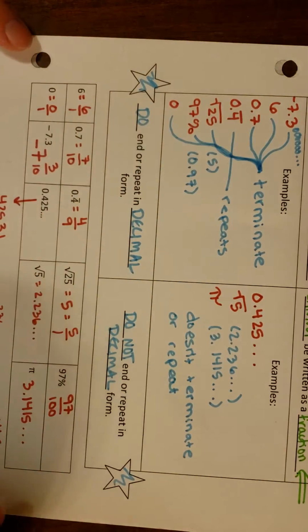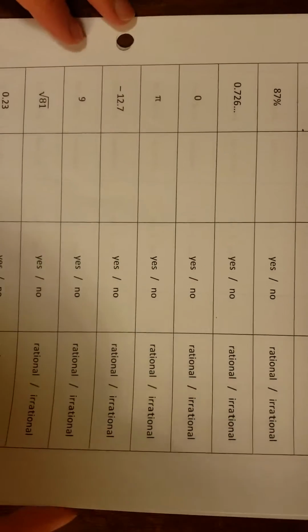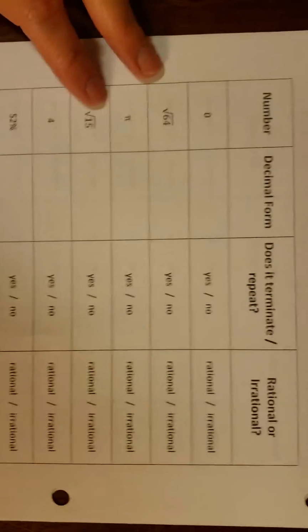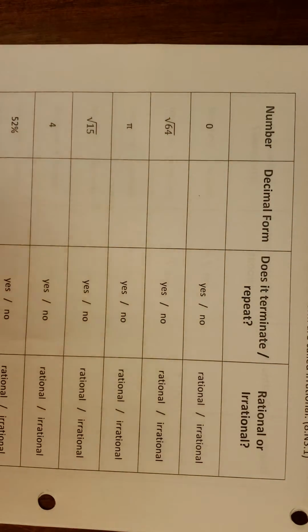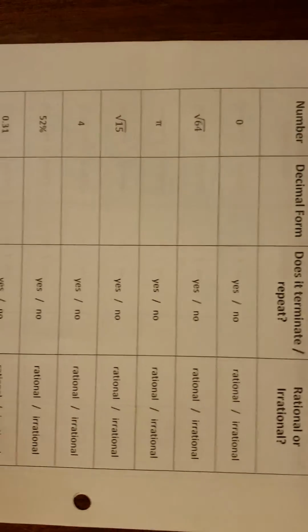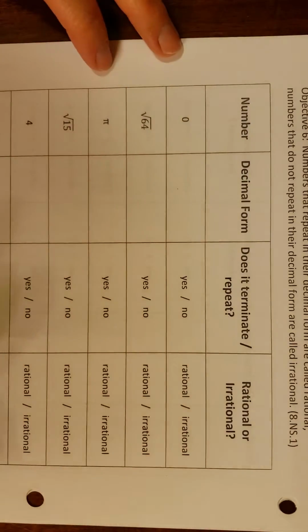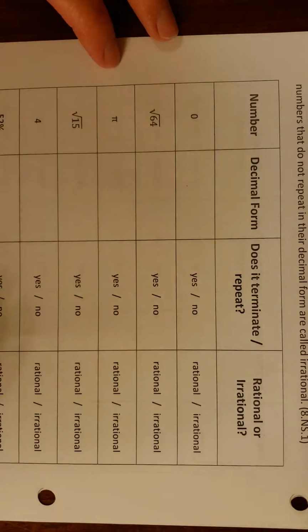All right, I recommend that you have this nearby when you're doing your homework for reference. I think that a little bit of practice will help you get these skills down. I don't think it'll cause too much discomfort for you. Let me please explain what the homework is. You have a bunch of numbers that go down the left side of your page, and your first challenge is to convert these to decimal form.